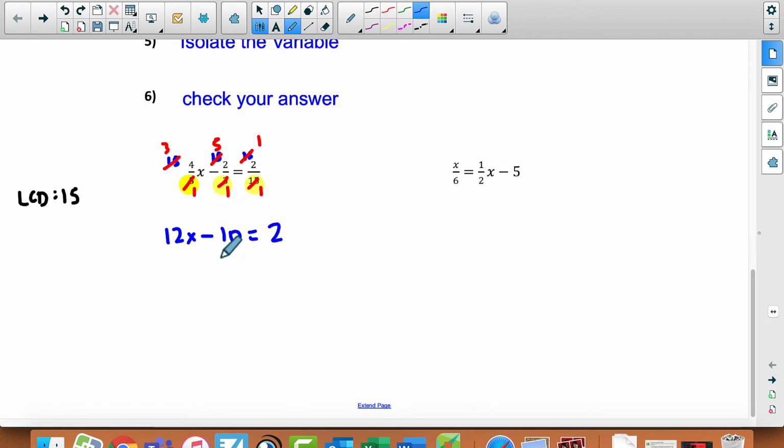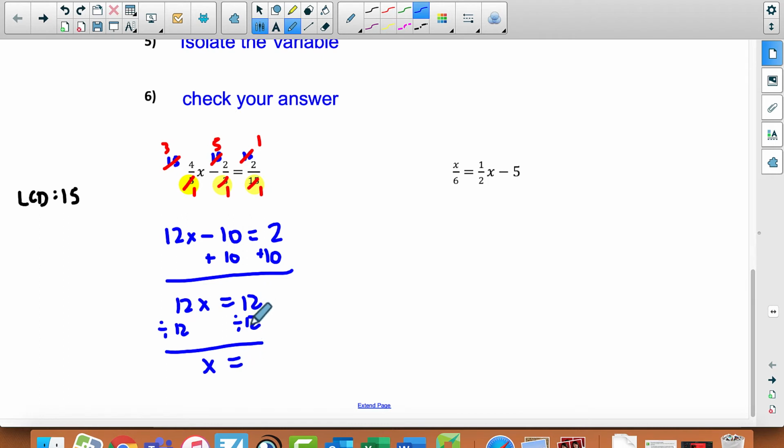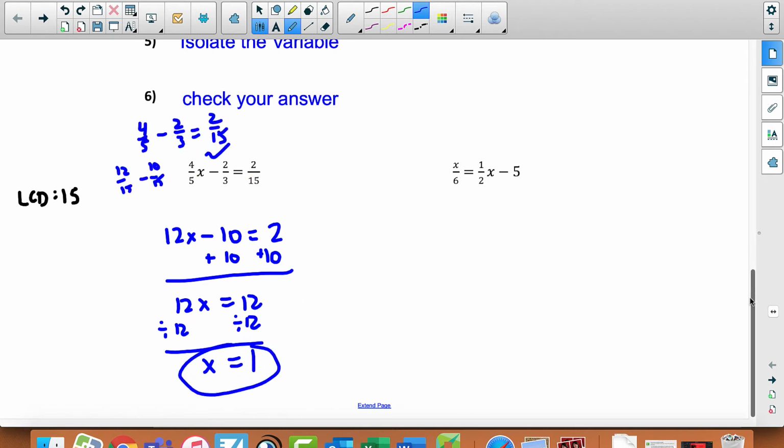So try to add or subtract first. This minus 10, I can add 10 to both sides. So I get 12x, this is gone, equals 2 plus 10 is 12. This is 12 times x, so I do the opposite. I divide by 12. And that leaves me with x equals 12 divided by 12 is 1. And we're done.